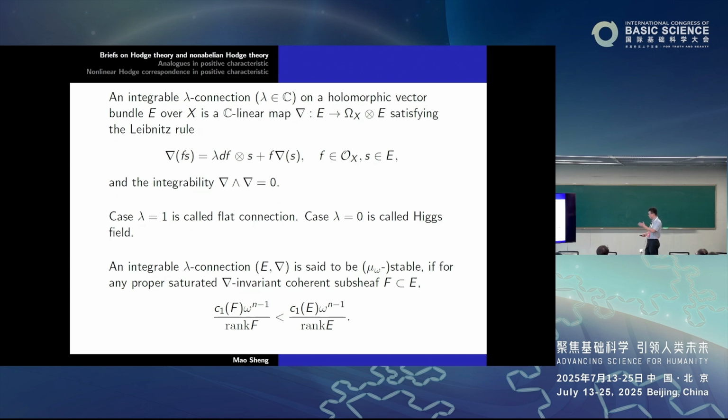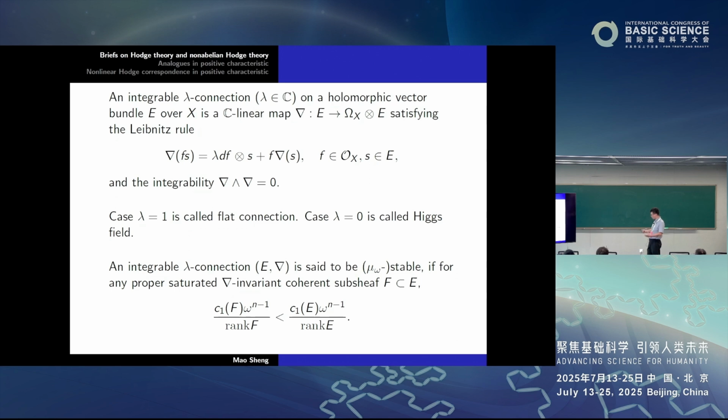So you imagine moving lambda from 1 to 0. When lambda is not equal to 0, nabla divided by lambda is actually just a connection, but lambda equal to 0 gives objects which are different. You also have the so-called slope stability.